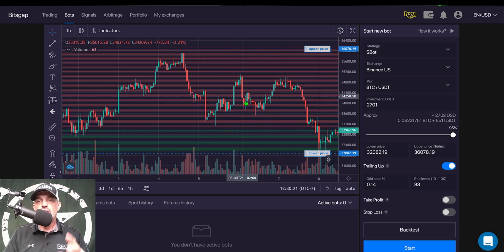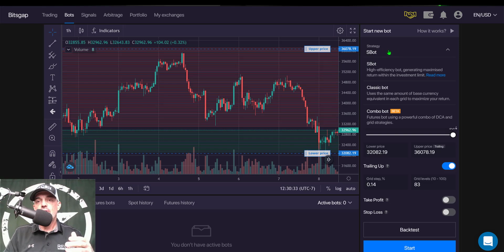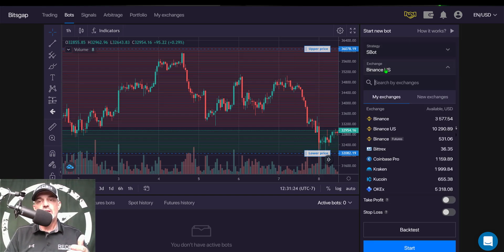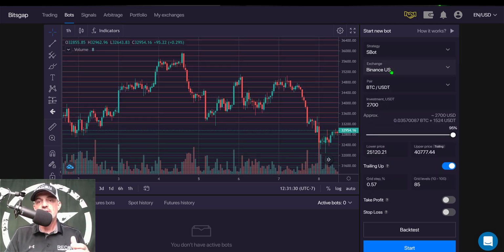Before we get too far into the configuration of the upper and lower price, we do need to select our strategy. In this case, I will select the S-Bot strategy, which is a high efficiency bot generating maximized return with the investment limit. In my experience, I prefer the S-Bot strategy. Now, for the exchange, you just need to select one of the exchanges you connected to the platform. In this case, I'll be using Binance US.